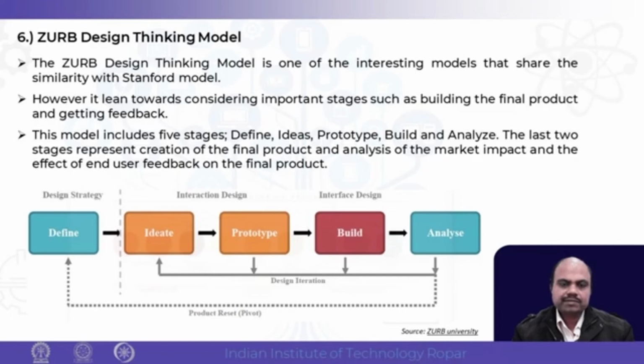This model includes 5 stages: define, ideate, prototype, build, and analyze. The last 2 stages represent creation of the final product and analyzing the market impact and effect of the end user feedback on the final design progress. So first is define, next is ideate, third one is prototype, fourth one is build, and last one is analyze.